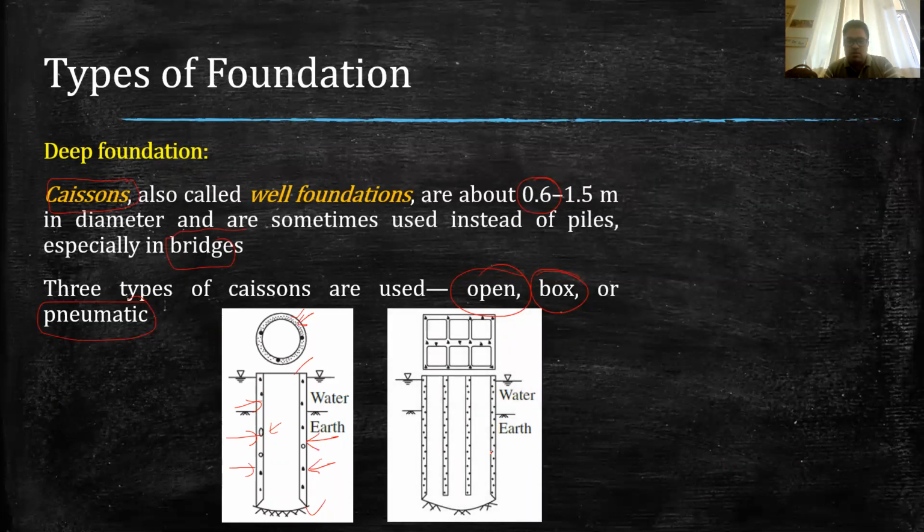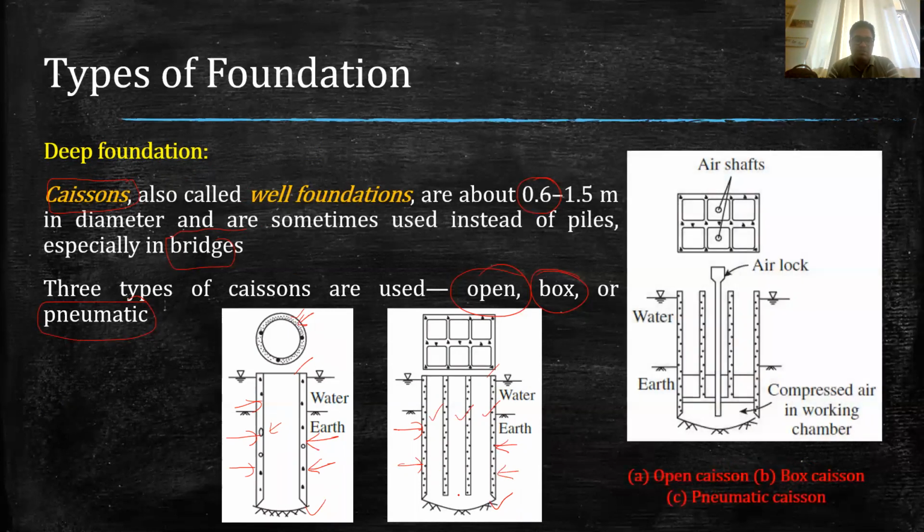In the box well, the bottom is closed and it is open from the top. The mechanism of the well foundation is the same in this case also. These are filled with sand to transfer the load uniformly on the wall of the well, and again they are suitable for supporting lateral pressure effectively.